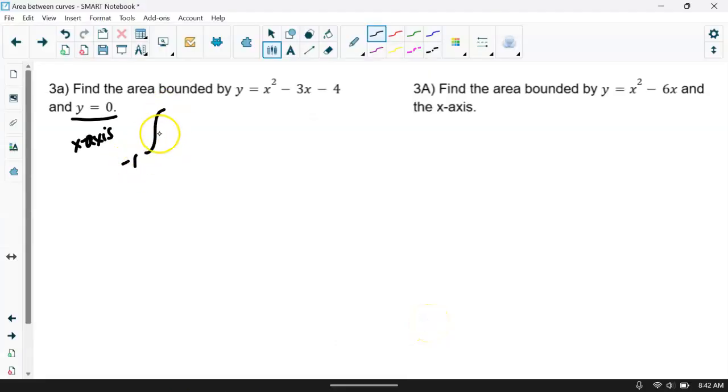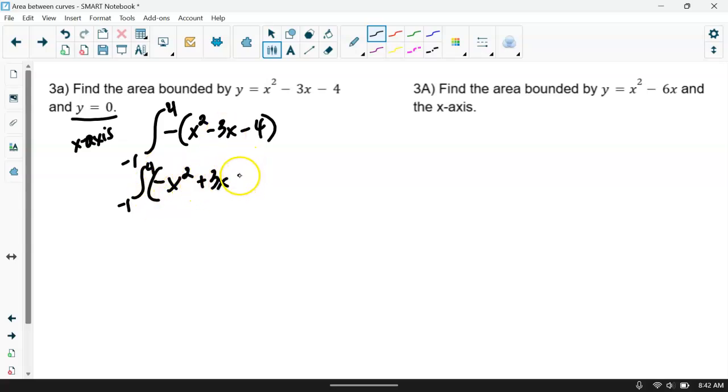So again, from -1 to 4, it's 0 minus the g of x, which is x squared minus 3x minus 4. So notice we're finding the area from -1 to 4 of negative x squared plus 3x plus 4. That's what we're finding the integral of, right? Because again, notice it's like our -1 here, distributing our negative. So now go ahead, get the integral, substitute, let's see what you get.